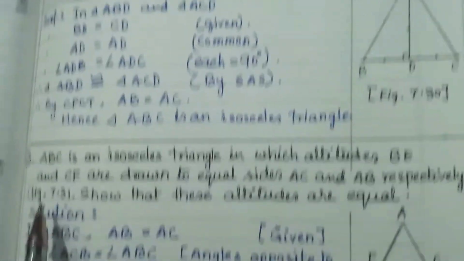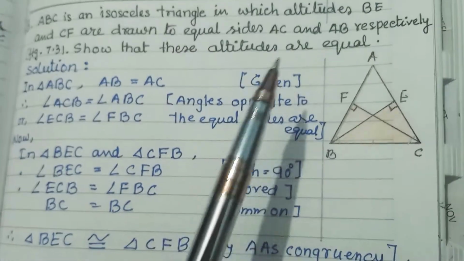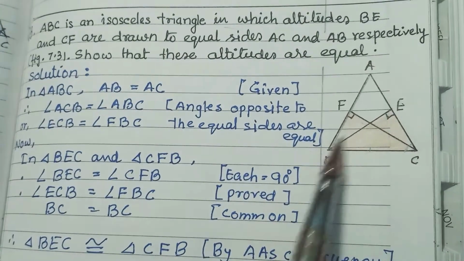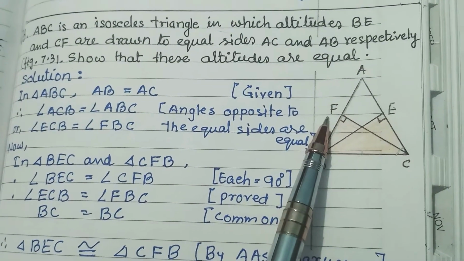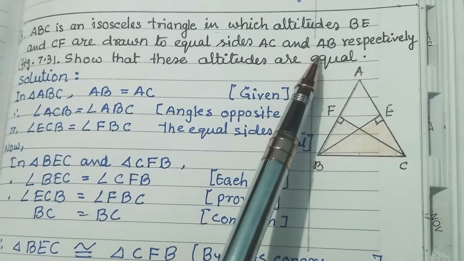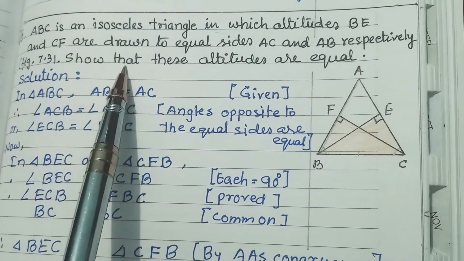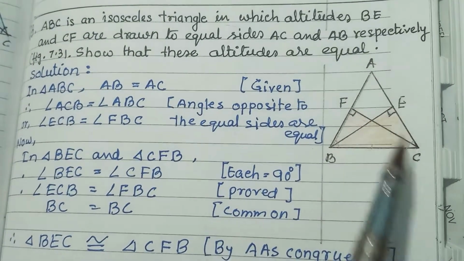Next is the third question. ABC is an isosceles triangle in which altitudes BE and CF are drawn to the equal sides AC and AB respectively. Show that these altitudes are equal. We have to prove BE is equal to CF.